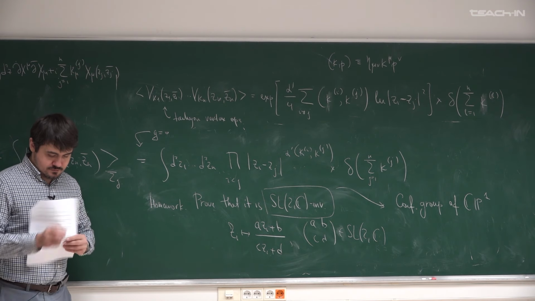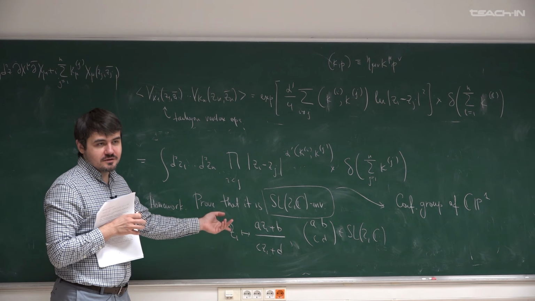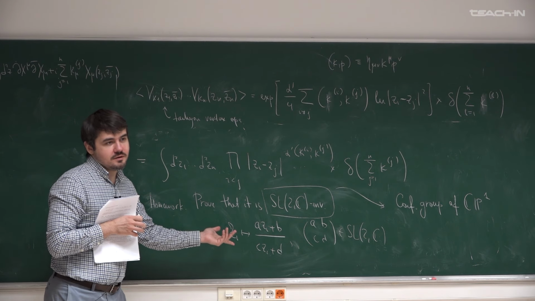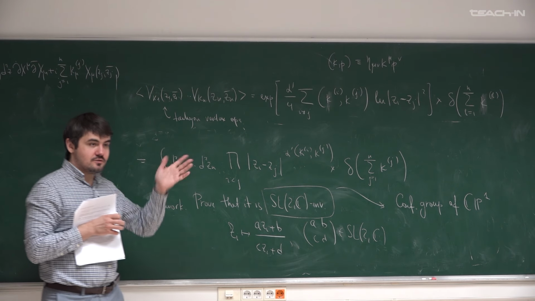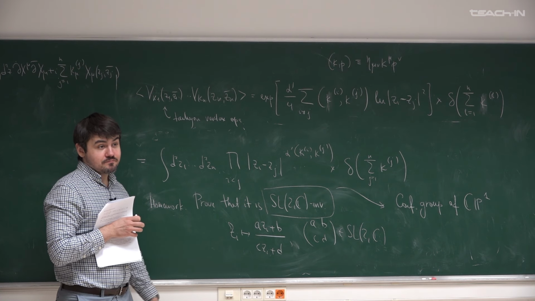I mean, it doesn't exist, if you like. And why is it divergent? Well, it's precisely divergent because it's SL2C invariant. It's a non-compact group, right? And so you're integrating something invariant. So the fiber is non-compact and it has infinite volume.